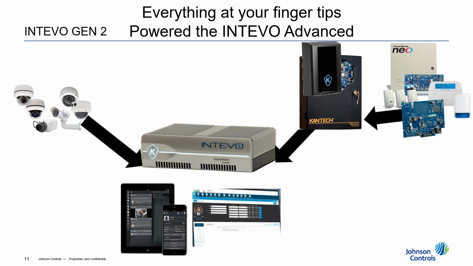So 4 controllers, KT400s and KT1s, can be used to arm and disarm alarm panels through the integration with the INTEVO, right? So now we can have 4 KT400s all tied together back to one Neo panel over IP, for example, and now I can arm and disarm multiple doors. We're not tied to one door.